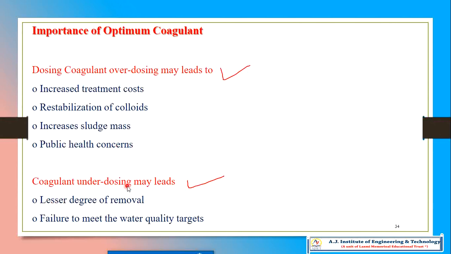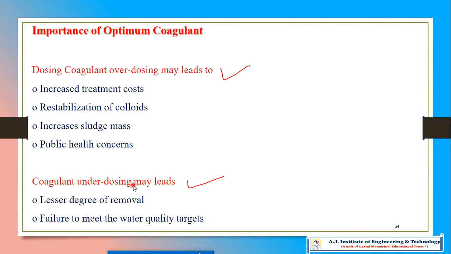Underdosing of the coagulant may lead to a lesser degree of removal and failure to meet the water quality targets. Correct? So if it is underdosage, if you are putting a lower dosage, what happened? The removal efficiency is less.